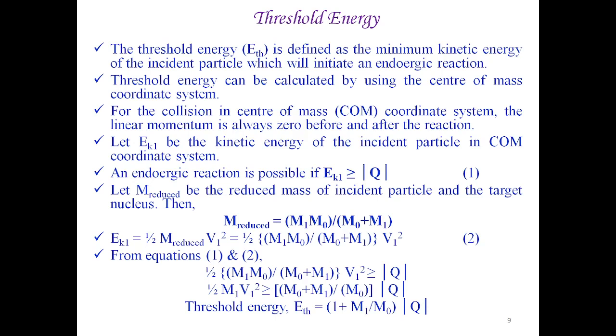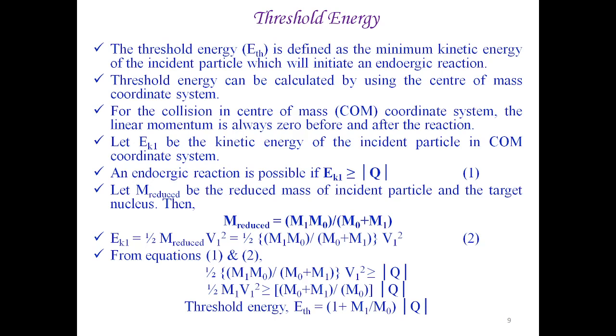Whereas from the theoretical point of view, the motion of the center of mass is of no consequence for the properties of nuclear reaction. So it is often more convenient to use a moving coordinate frame in which the center of mass of the two colliding nuclei is at rest.